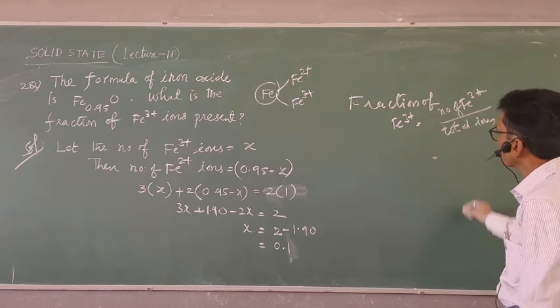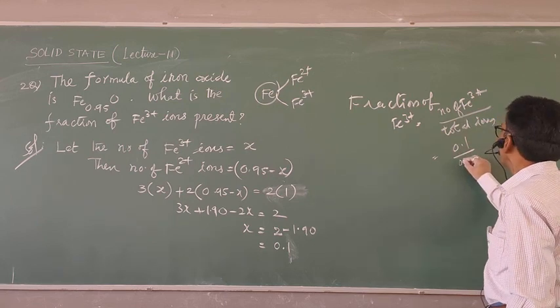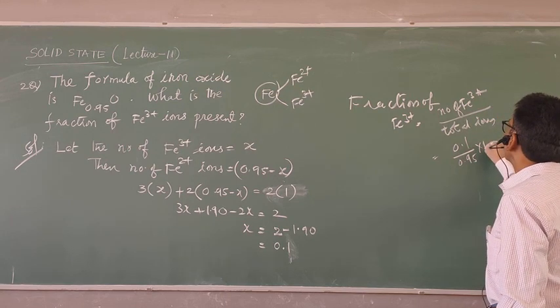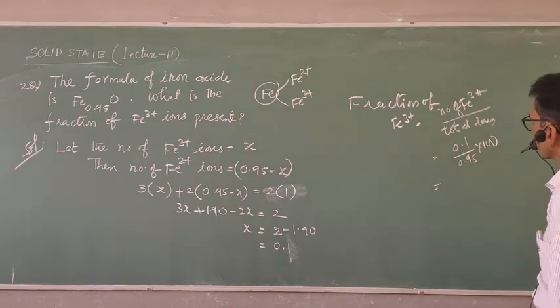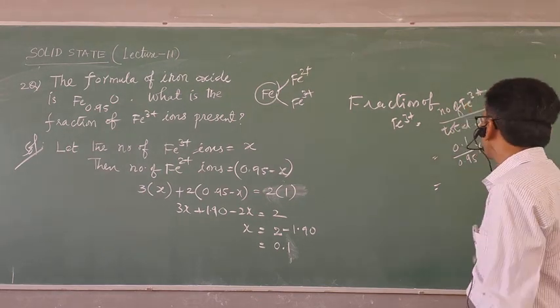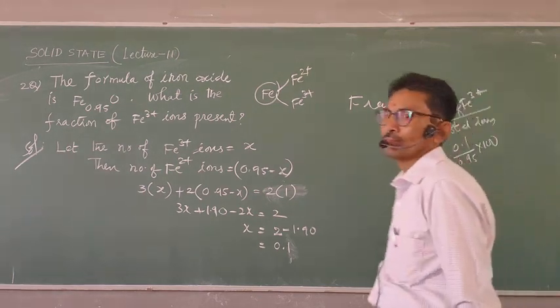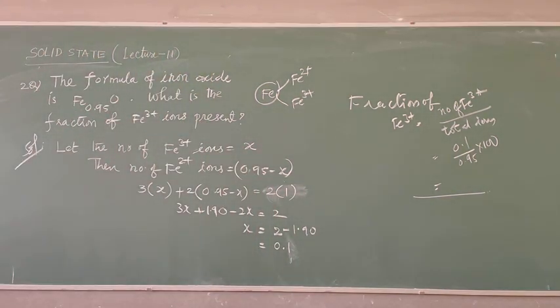Fe3+ ions 0.1 by 0.95 into 100. You will get the answer as percentage fraction. Do that calculation yourself. One more problem will be taken in a different way. Now the answer is 1.52% of Fe3+ ions are present after calculation.